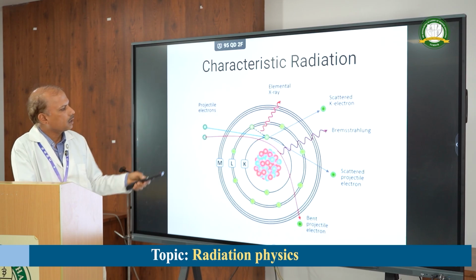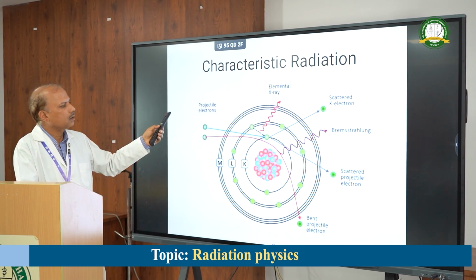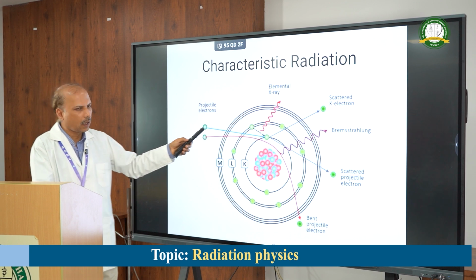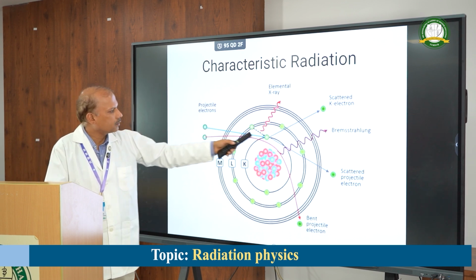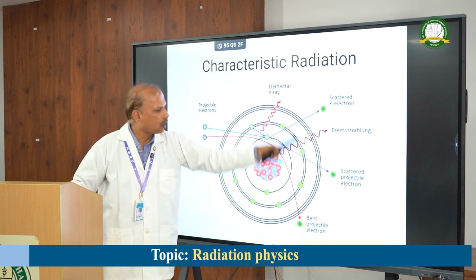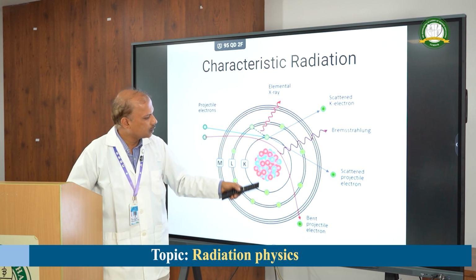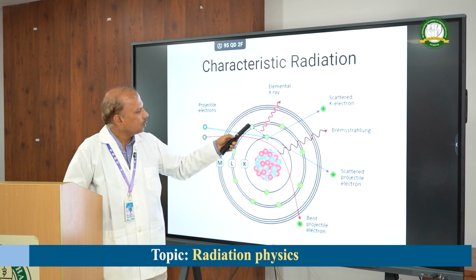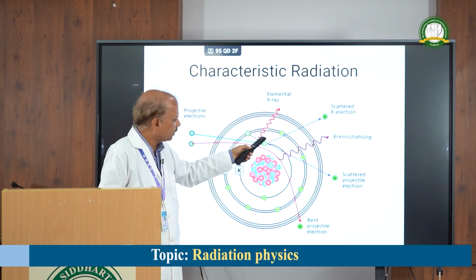Then the characteristic interactions. Usually the electron which is ejected from the cathode interacts with the anode tungsten atom, where the electron interacts with the revolving electrons of the tungsten, which is ejected out, forming a void here. During the ejection, there is a release of X-ray. So there is a void in the K shell.